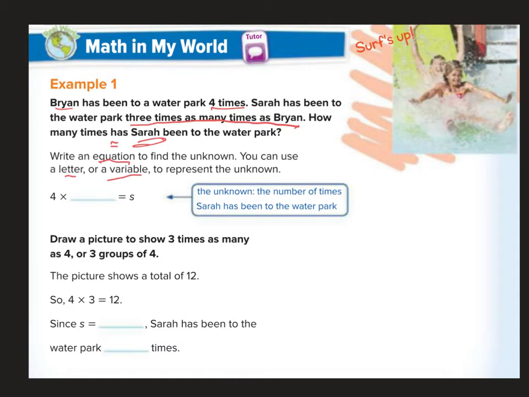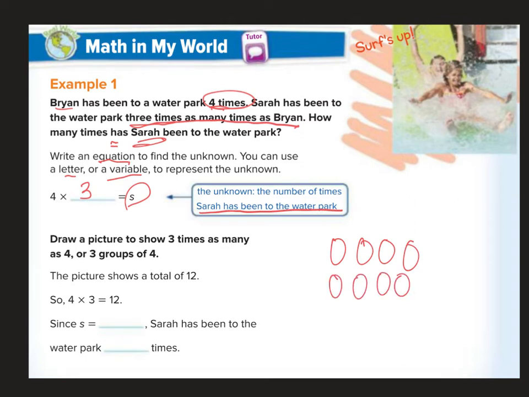Okay, so he went 4 times, and Sarah has been there 3 times as many as Brian. So 4 times 3 is going to equal S, or the amount of times Sarah has gone to the water park. If I was going to draw a picture to show 3 times as many as 4, or 3 groups of 4, so if this is Brian, went 4 times, Sarah went 3 times as many.